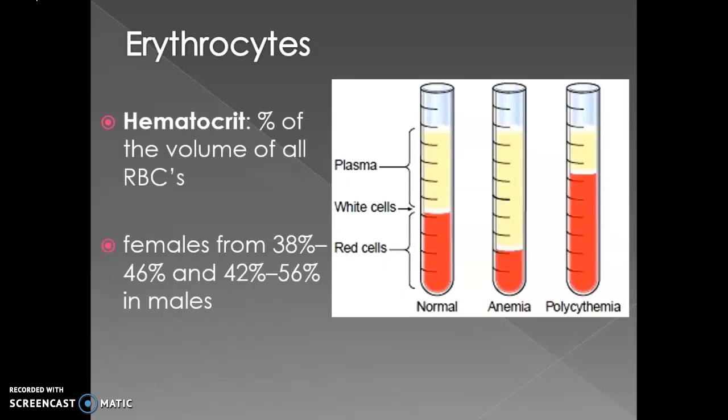Okay. So let's start with erythrocytes here. And how much of your blood is erythrocytes? Well, that is measured by something called hematocrit. And hematocrit is defined as a percent of RBC in a total sample of blood.